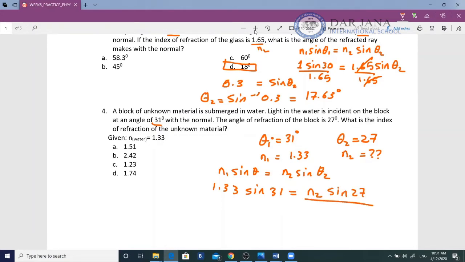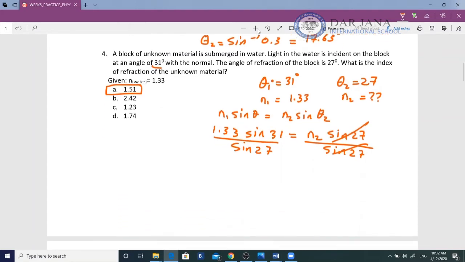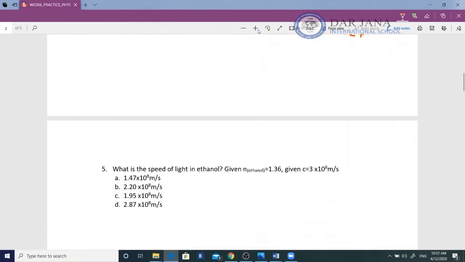We divide here by sine 27 and here by sine 27. The answer will be about 1.51. It has no unit, the index of refraction.